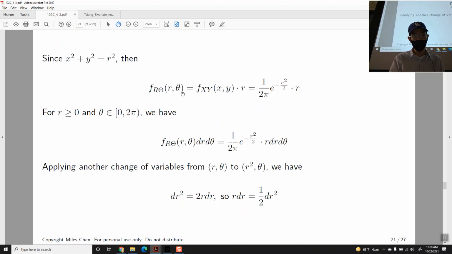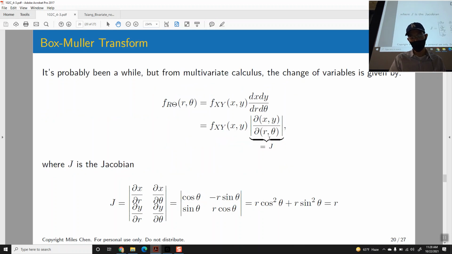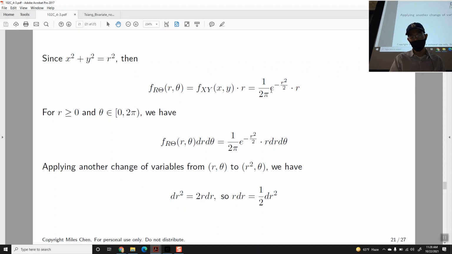So the function in terms of r and theta is f of x, y times r, because that's what the Jacobian evaluated to. And x squared plus y squared is r squared. So we get 1 over 2 pi e to the negative r squared over 2 times r.